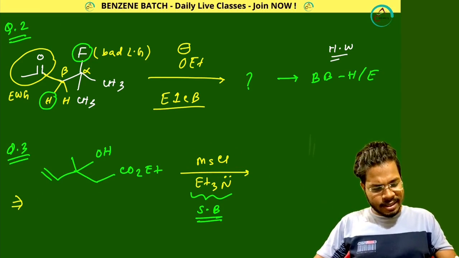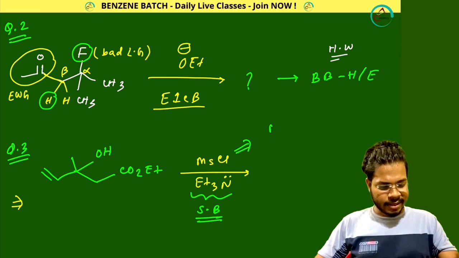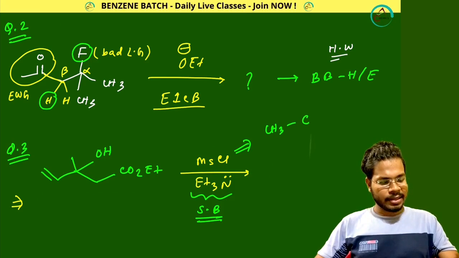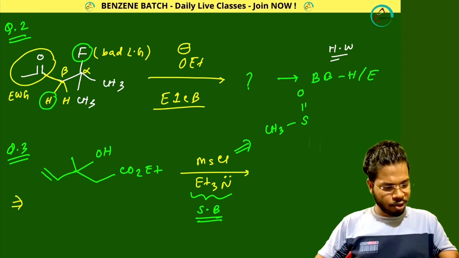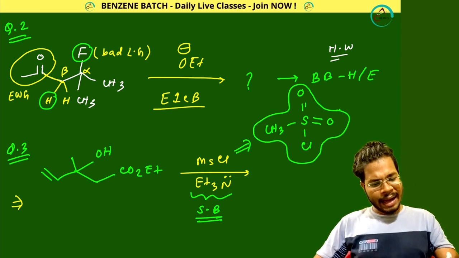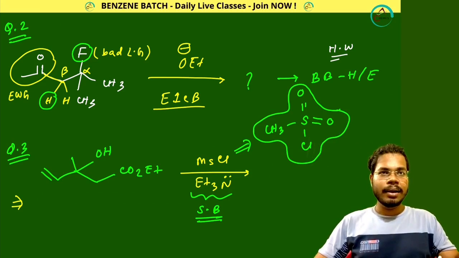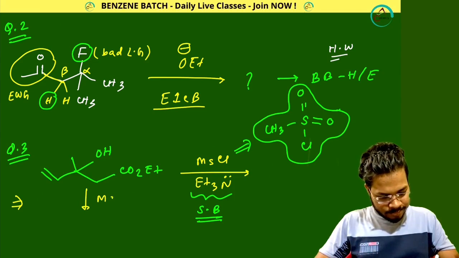First, let me show you what MsCl is. It is a methyl group, that means CH3 group, attached to the sulfur atom, double bond O, Cl. This is your MsCl, that's all. Whenever you add MsCl, nothing much will happen. It will just change the system slightly.